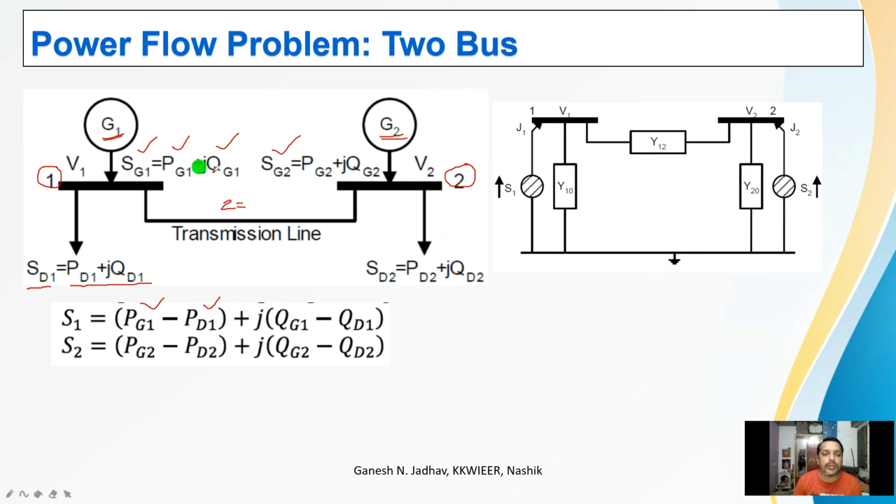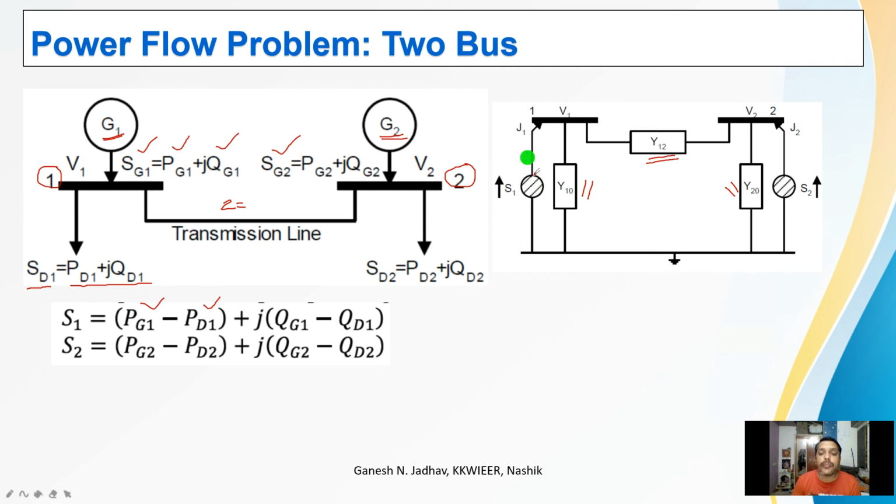So let us put this single line diagram in terms of the network diagram. This transmission line can be modeled as the pi model. This is Y12, the transfer admittance between these two buses, and these are the self admittances of these two buses, Y10 and Y20. In the Y bus video, you might have come across such a Y bus matrix.